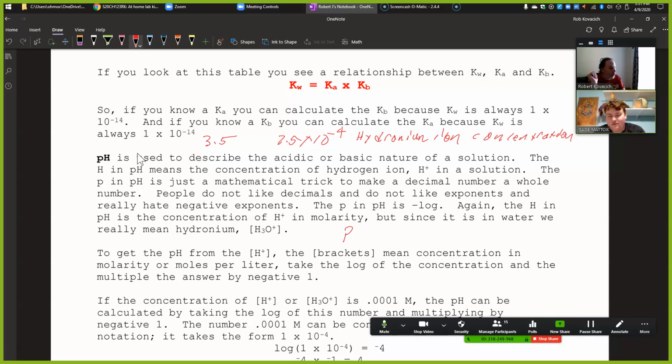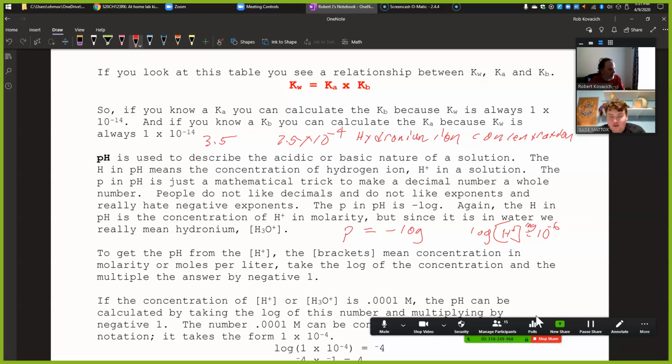So p, lowercase p, equals negative log of whatever I'm looking at. So if I have H plus ion concentration, and here I am using Arrhenius when it doesn't mean anything, and it's 10 to the negative sixth. So what happens if I take the log of 10 to the negative sixth? What's my answer?